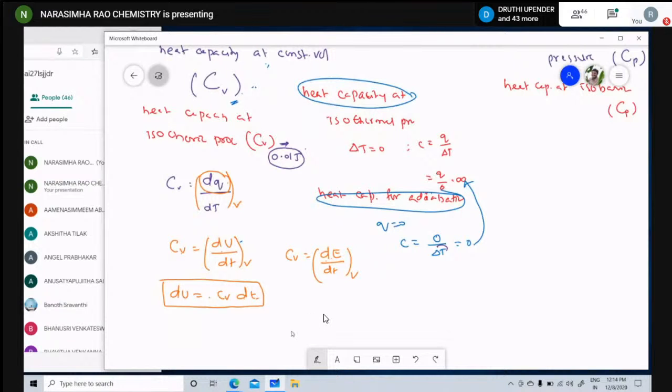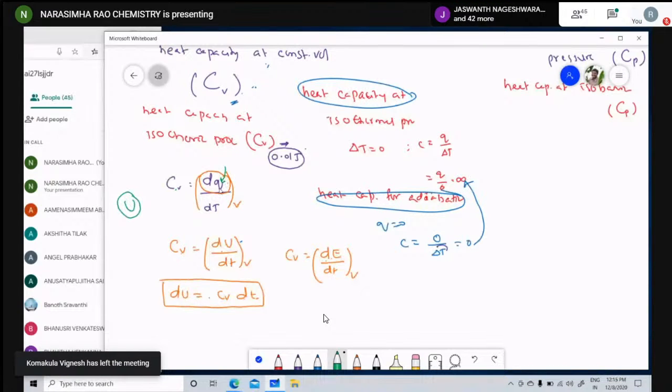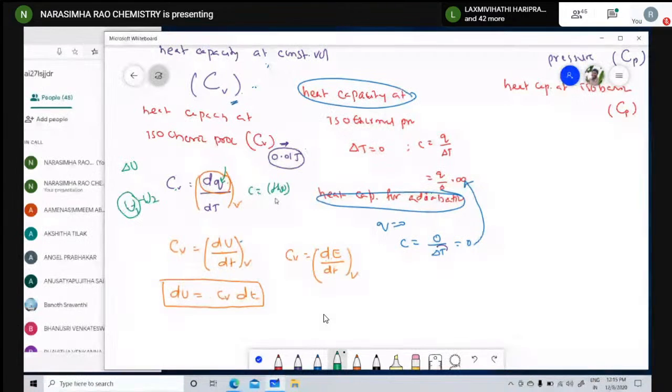Volume is constant, so the heat contained by the body at constant volume is considered as internal energy U. By absorbing energy or heat, it changes from U1 to U2, and the difference between these two is delta U. Here we take a system, for example water, at a particular temperature of 25 degrees centigrade. It has no extra heat. Now I conduct an experiment at constant volume.